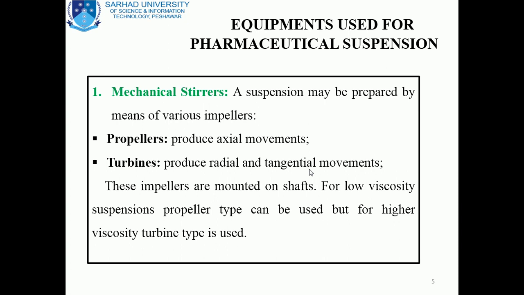In that chapter of mixing, we have studied in detail these three types of impellers. In the pharmaceutical suspension, either propellers or turbines are the two main types of impellers which are used in the preparation of pharmaceutical suspension. Propellers produce axial movements, while turbines produce radial and tangential movement.